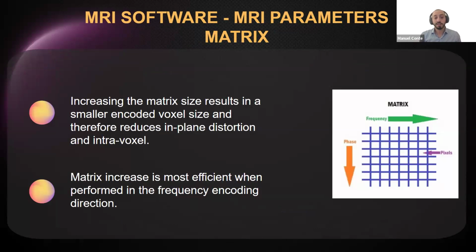If you have to increase the matrix, I suggest increasing it in the frequency encoding direction. Normally, when I change the parameters, increasing the matrix is the last choice, because all the parameters that you increase drop the SNR. So we need to be very careful when we change this kind of parameters.